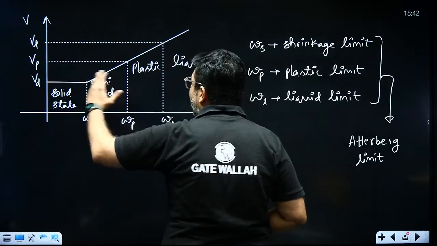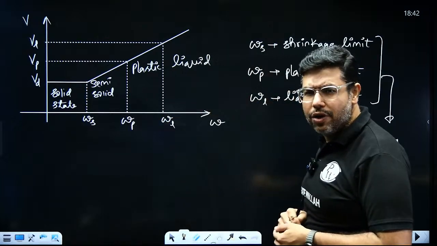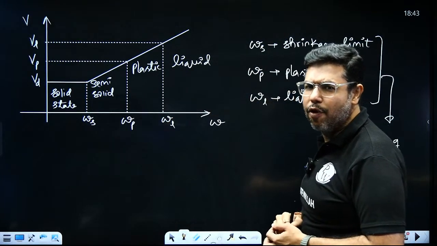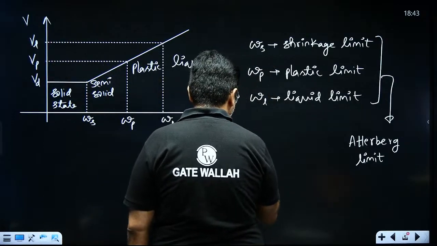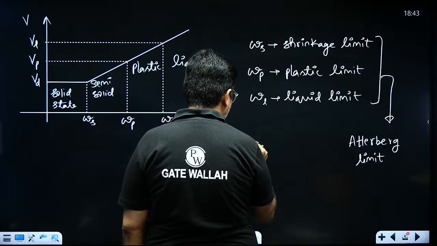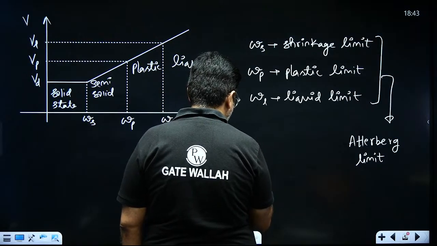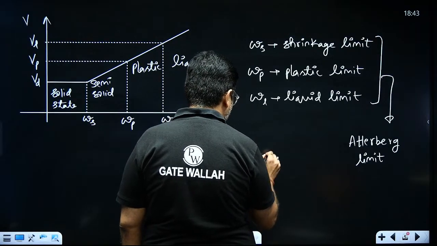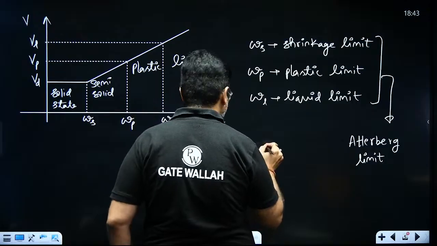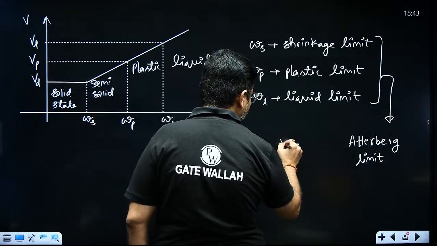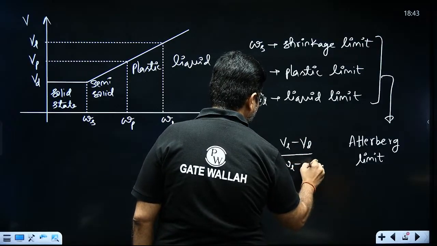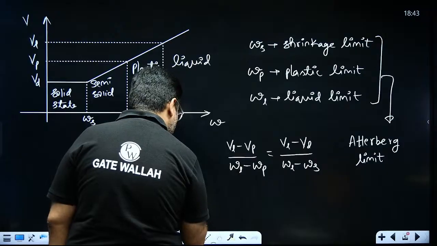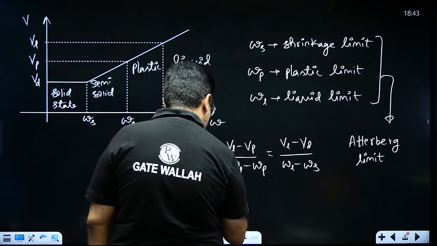Since this is a straight line, from the slope of the straight line, I can write a formula. Y2 minus Y1 upon X2 minus X1, that is (VL minus VP) upon (WL minus WP), or I can rearrange it as well.